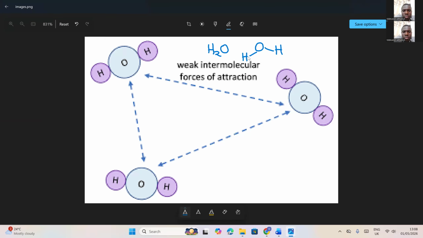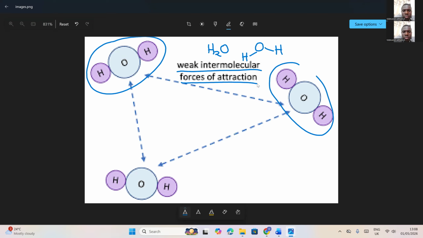We have very many molecules. We can also maybe determine them using Avogadro's number, but basically they are uncountable. So you have many molecules of H2O joined together by weak intermolecular forces of attraction.